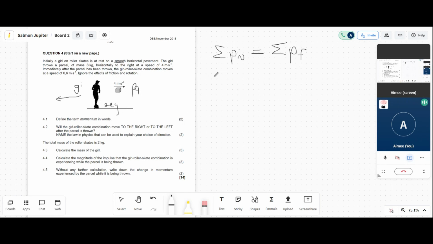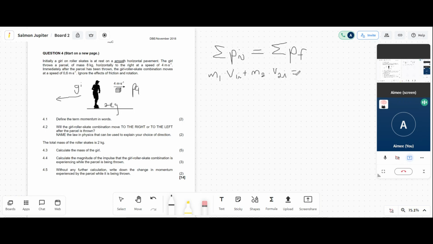So the overall formula goes: mass 1 times V1 plus mass 2 times V2. And this should actually say 1 initial and 2 initial.